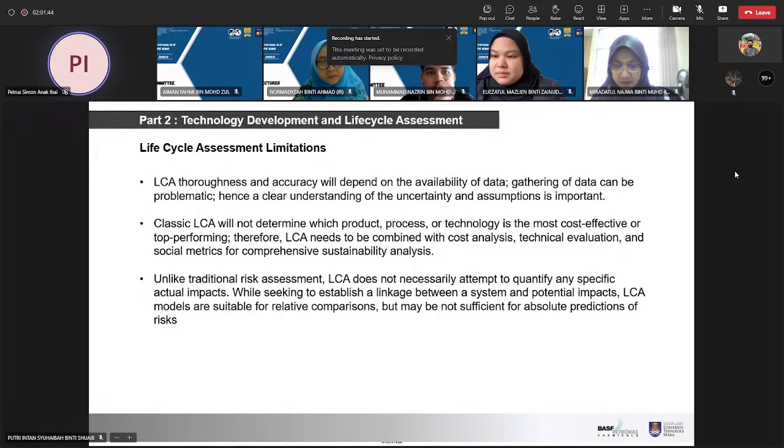Unlike the traditional risk assessment, LCA doesn't attempt to quantify the specific actual impacts. So usually LCA is suitable for relative comparisons, but it may not be sufficient for absolute predictions of the risk.